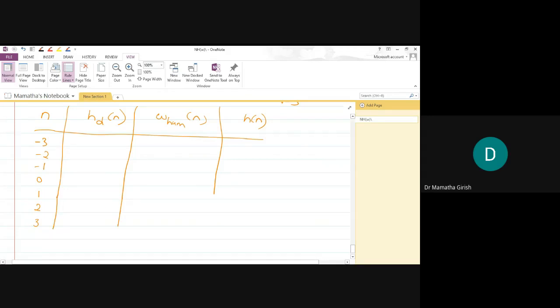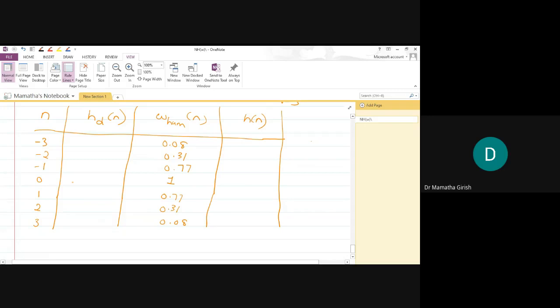So if you substitute these values in the windowing function, starting from n varying from -3 to +3, it is found that the values of the windowing function obtained would be 0.08, 0.31, 0.77, then I think the value turns out to be 1, again 0.77, 0.31, and 0.08.